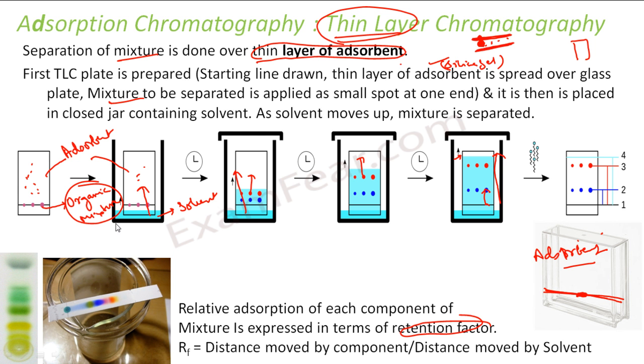Because of capillary action, the solvent will move up. The solvent will force the organic compound to separate, and it will move at a different speed. It will reach here, it will reach here. With that, you can find the retention factor of the blue and of the red organic compound. Correct.